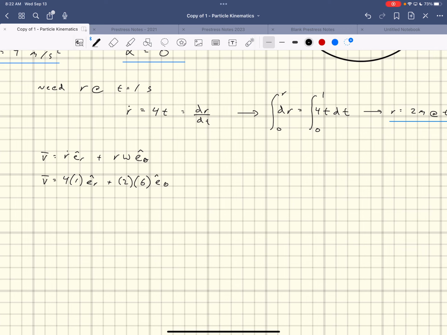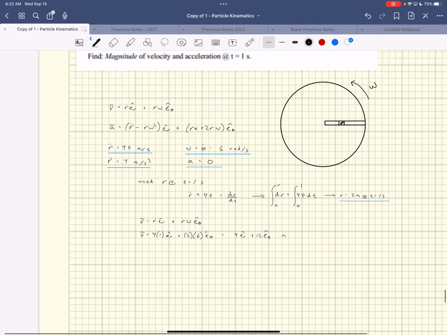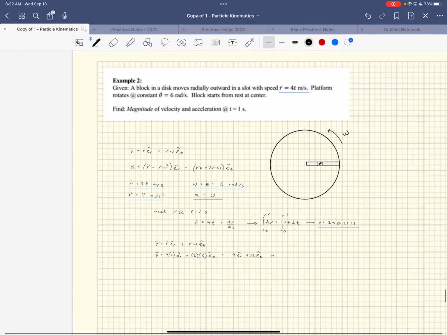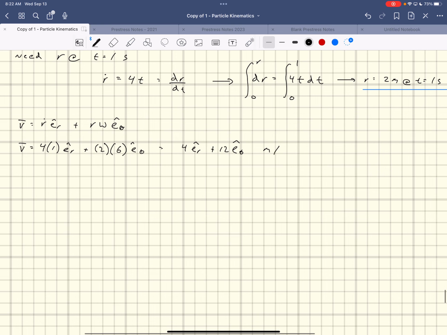And that's all in the e_theta direction. So then my answer is, I'm going to do all this math in my head here. 4 times 1 is 4 in the e_r direction. 2 times 6 is 12. Did it all by myself. And then the units on this. There are our units here. Meters per second.